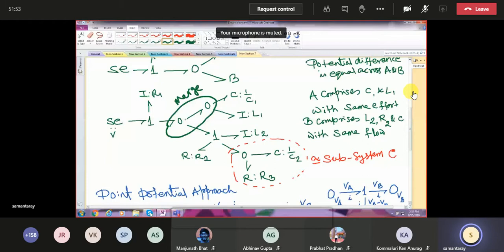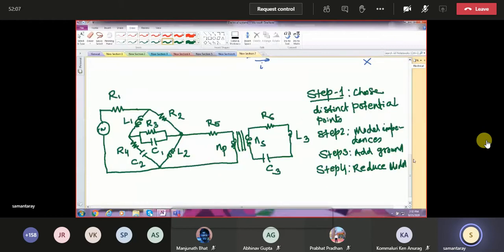So four steps: choose distinct potential points, then model all impedances as shown above by taking the potential difference and putting the impedance at a one junction, then include a ground and reduce the model. These are the four steps. So first of all, let me identify the distinct potential points.